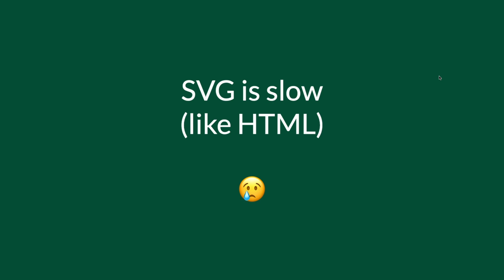Now, unfortunately, SVG is slow, just like HTML. We don't have access to the GPU. Doing everything on the CPU makes things go kind of slow when we're doing intensive graphical operations.